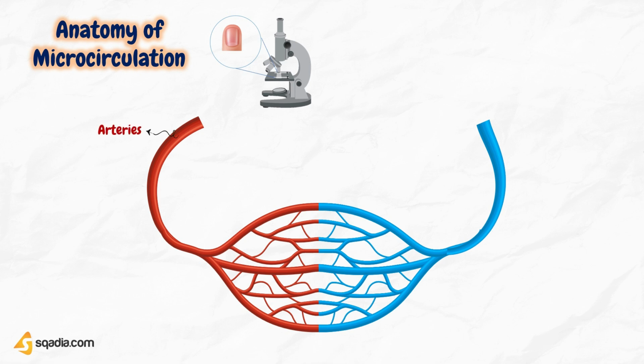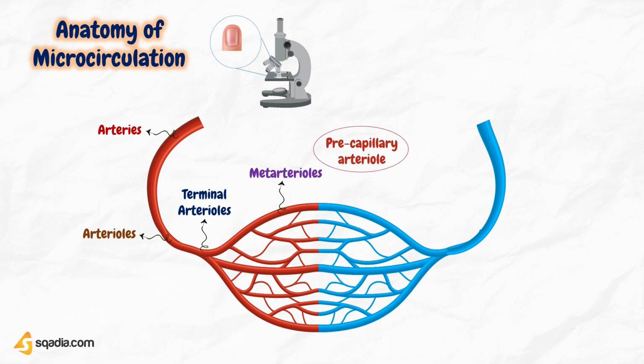We already know arteries give rise to arterioles, and then arterioles further branch out to terminal arterioles, with even lesser diameter. From the terminal arteriole, the meta-arterioles take origin. Meta-arterioles are also called precapillary arterioles, which are short vessels directly connecting arterioles and venules at opposite ends of capillary beds.